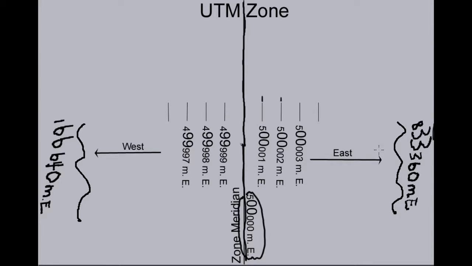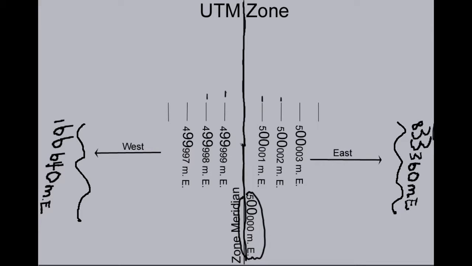833,360 meters east. On the other hand, as you go west of the zone meridian, the eastings decrease meter by meter. As you go 1 meter west, for instance, here, 1 meter west of the zone meridian, the easting is 499,999 meters east. 2 meters west of the zone meridian is 499,998 meters east.